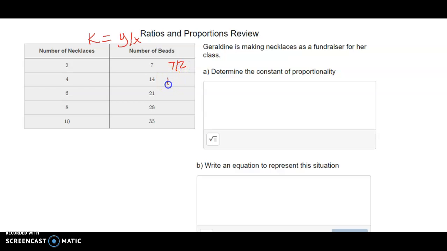So 7 divided by 2, 14 divided by 4, 21 divided by 6, 28 divided by 8, 35 divided by 10. And for each one of these, you're going to get the answer 3.5. So if you type these all in and start to work through it, you will notice the answer is consistently 3.5. So that value is my proportionality constant, or also known as k.